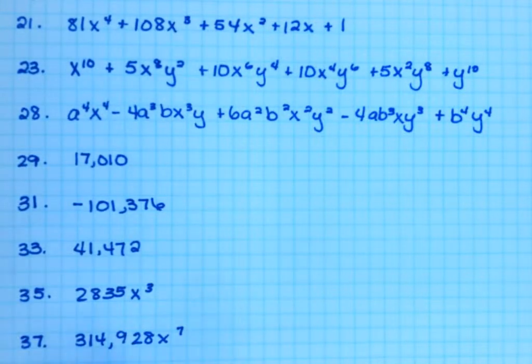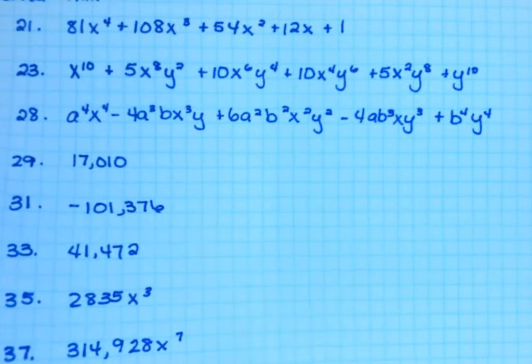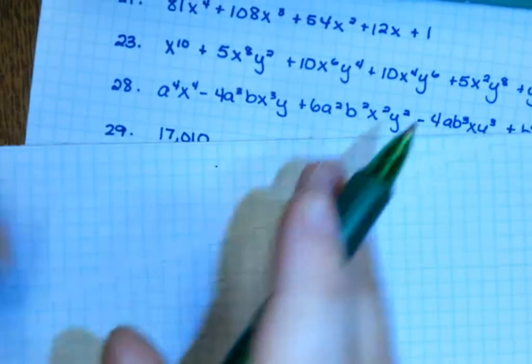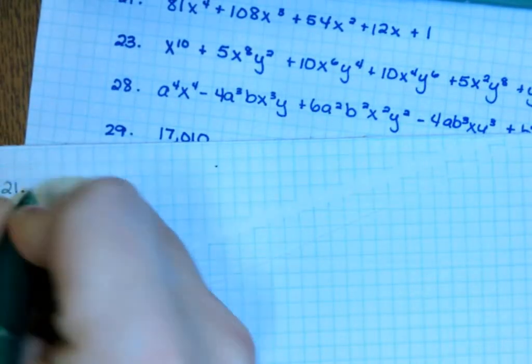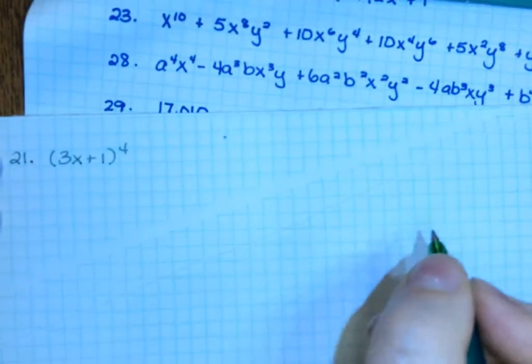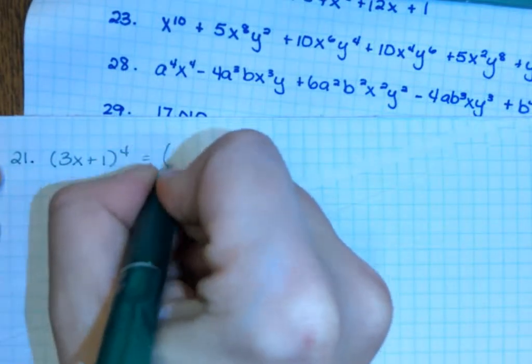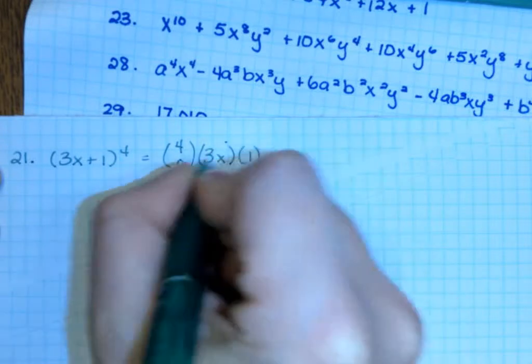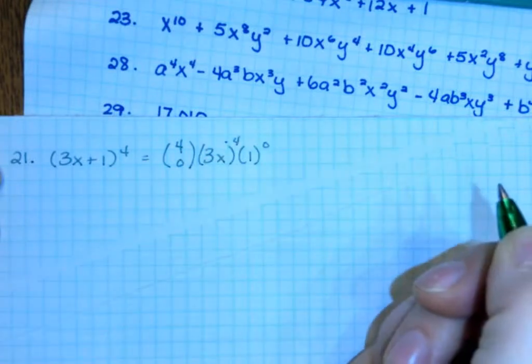For numbers 21 through 28, is it enough work just having all of the possibilities listed out? It would be like 4 combinations. For example, for number 21, which gives me 3x plus 1 to the 4th, the work that I would have expected to see is 4 choose 0, 3x and 1, where 1 is to the 0 power, 3x is to the 4th.